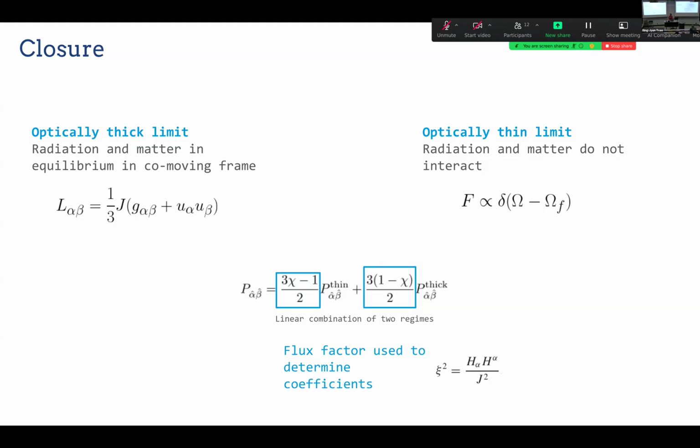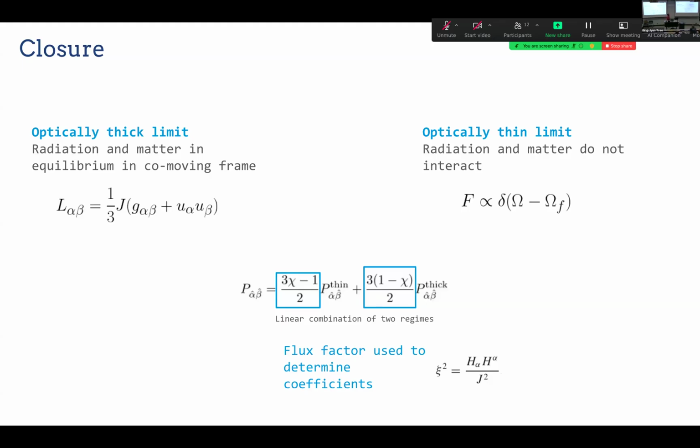In the optically thin limit, radiation is propagating in one particular direction. So you know how the radiation pressure should behave in these two limits, and the approximation is to interpolate between them, using a combination of the optically thick pressure and the optically thin pressure.